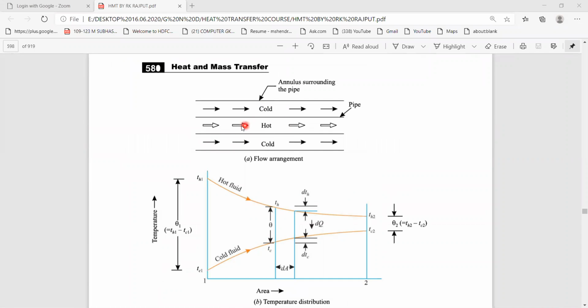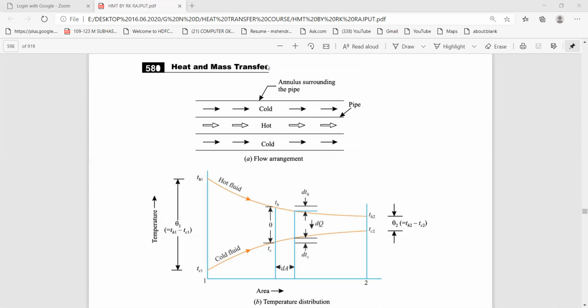Okay, students. Now this is a stream of hot fluid and this is a stream of cold fluid. If both hot fluid and cold fluid are flowing in the same direction, such a type of heat exchanger is known as a parallel flow heat exchanger. This is a pipe, the inner pipe, and this is the annulus.